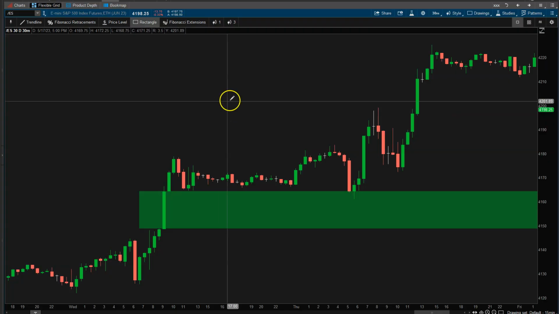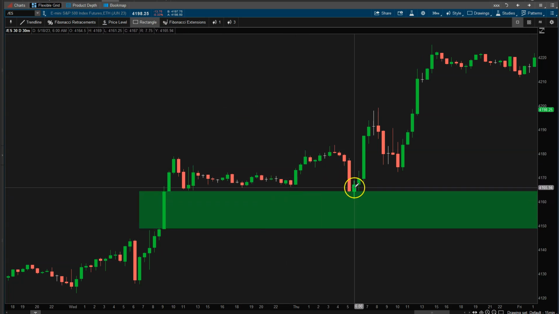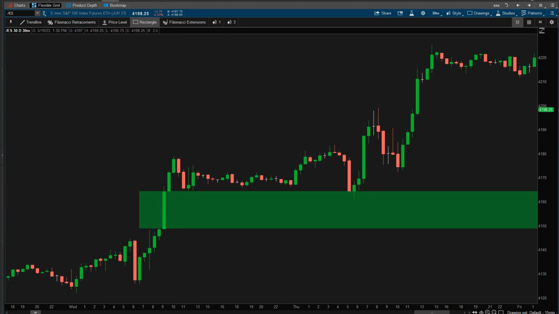Okay. So getting back to the fair value gaps. As price is coming down, what I like to do, you can either enter here. There are essentially 3 places that you can enter. You can enter here, or actually I'm going to say about 4 different places. So there's one here, which is the start or the upper edge of the fair value gap.